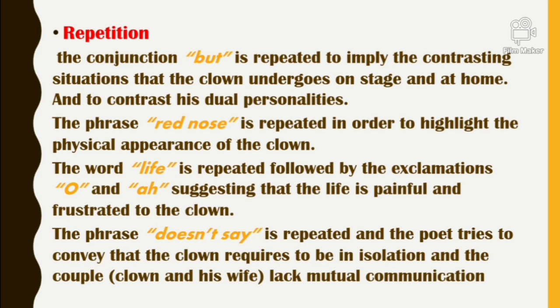So "doesn't say" is repeated because the clown needs to be isolated, to be alone, and he doesn't share any of his sufferings with his wife, and at the same time they lack mutual communication. To bring that out, the poet has repeated the phrase "doesn't say".